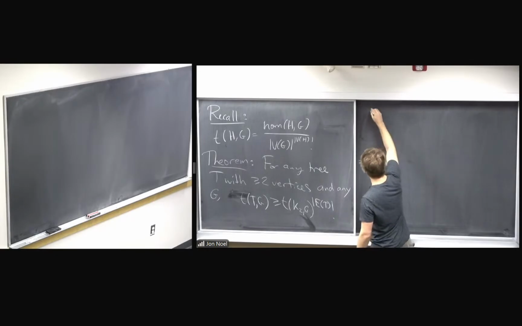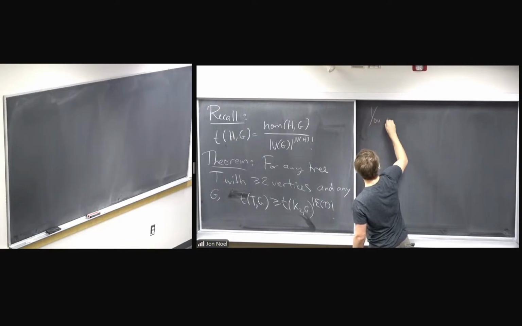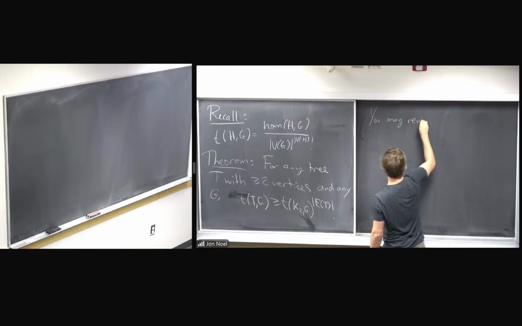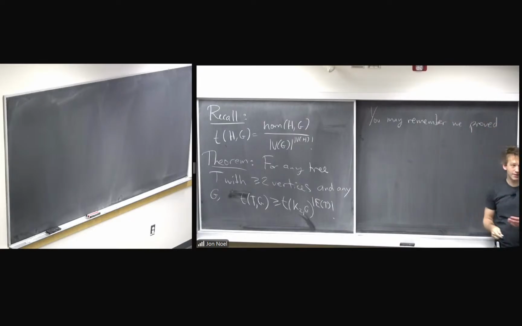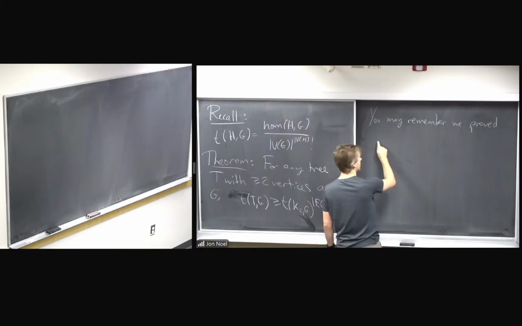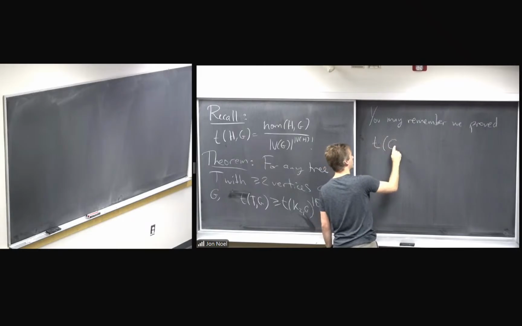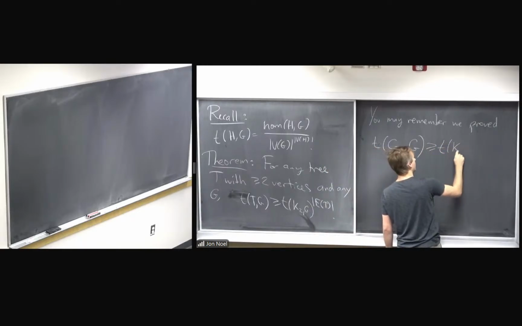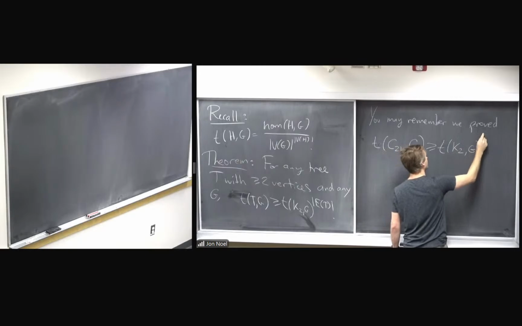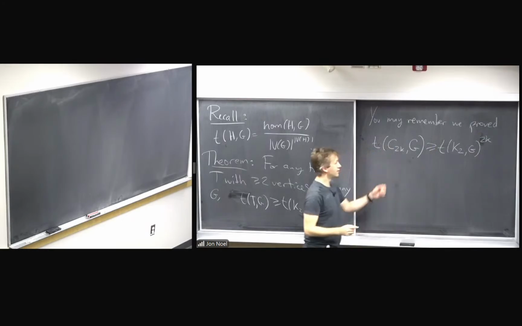You might remember we proved very similar things for even cycles, and I think in one of your assignments you proved a similar thing for complete bipartite graphs. We proved, for example, that the density of an even cycle C_2k in G is at least the density of K2 raised to the 2k, which is the number of edges in the cycle.